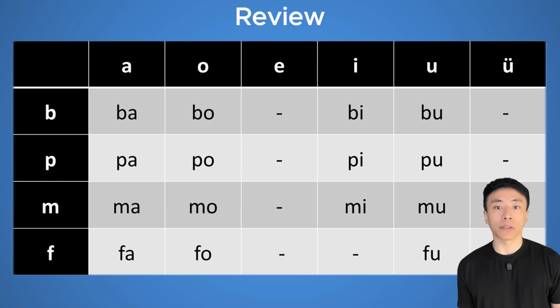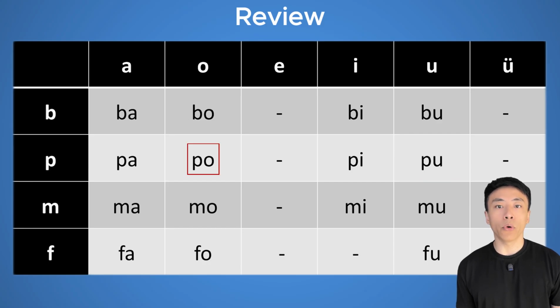By initials, bo, we have ba, bo, bi, bu. Repeat. Ba, bo, bi, bu. Po, we have pa, po, pi, pu. Repeat.